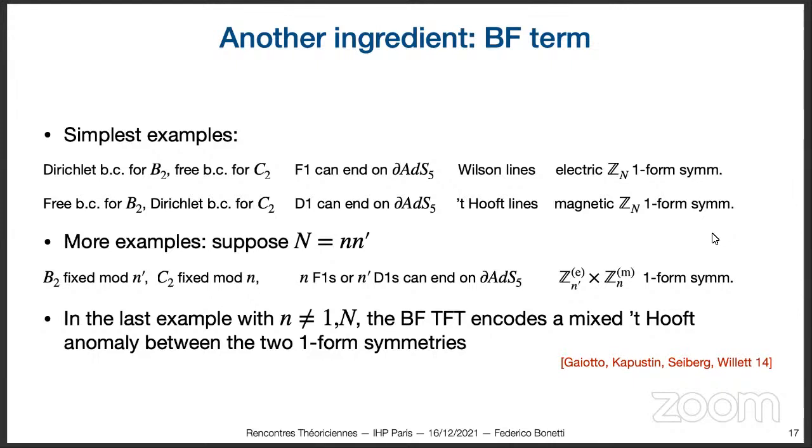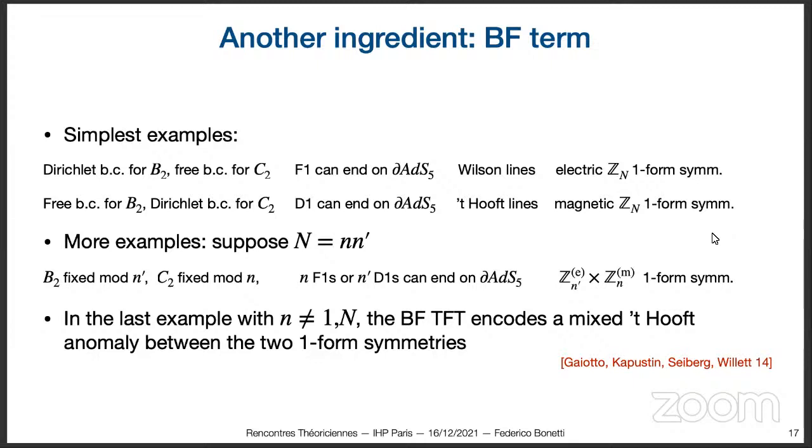And we can even do something more interesting. Let's say that N factorizes as the product of two integers in a non-trivial way. Then we can, hand-wavingly, say that we choose partially Dirichlet boundary conditions for both fields in a way that it's still consistent.